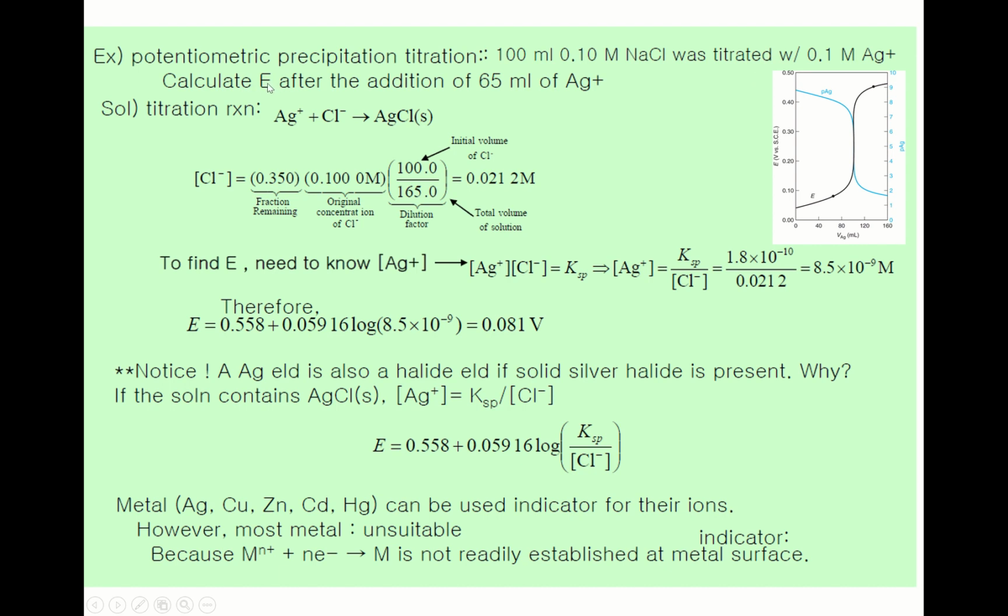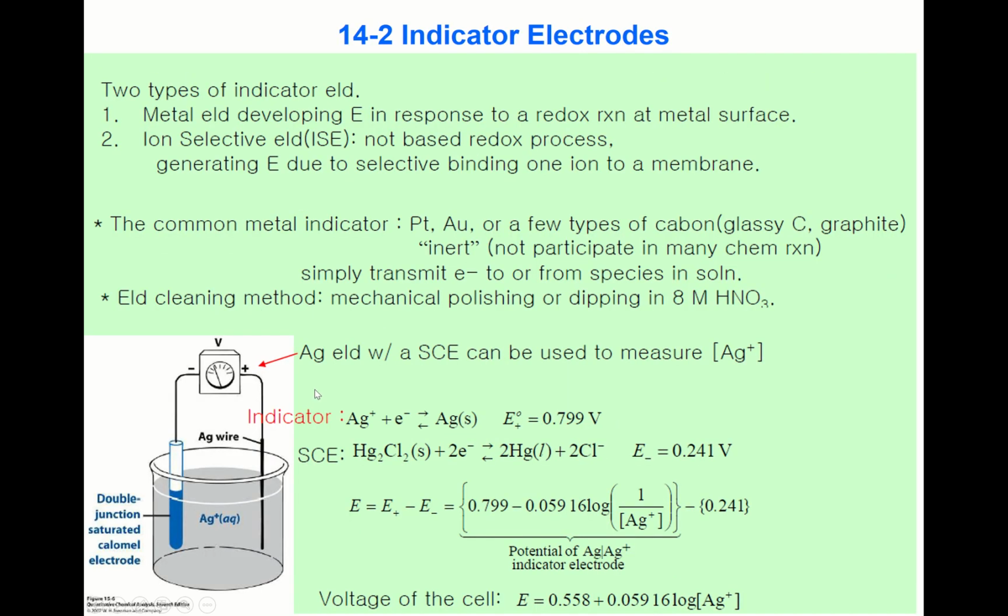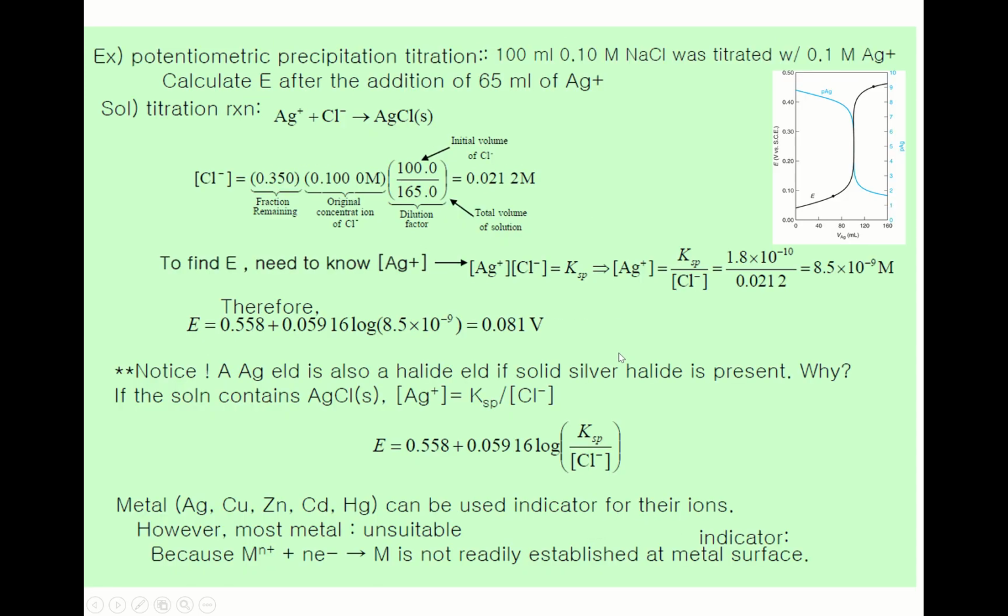Now calculate the potential after the addition of 65 milliliters of silver ion. The situation is like this: you add silver ion to the sodium chloride, and then you change the silver ion concentration in solution. The question is to calculate the potential when 65 ml of silver ion was added.